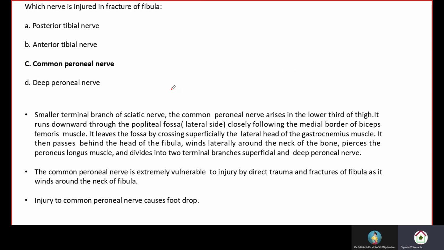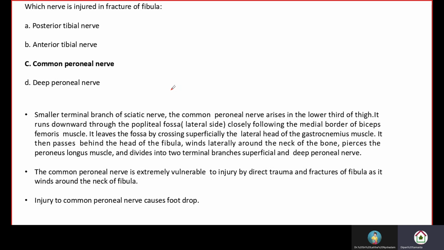Common peroneal nerve is vulnerable to injury by direct trauma, and when the fracture of fibula occurs, this common peroneal nerve injury occurs because the common peroneal nerve winds around the neck of fibula.